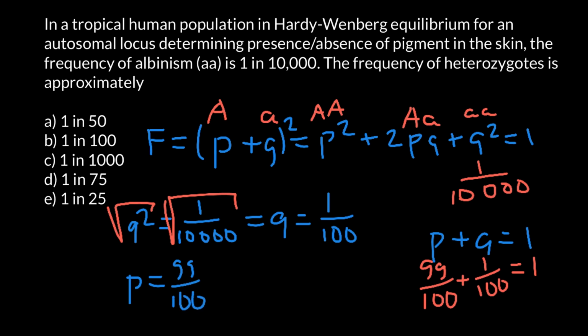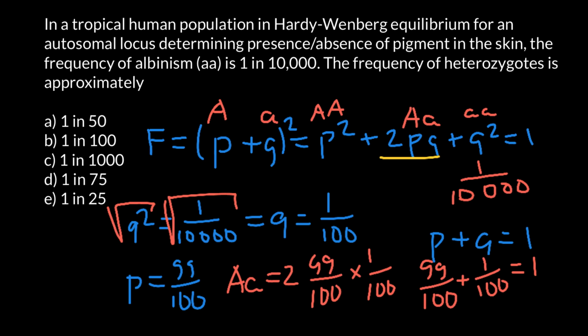In our formula, in order to find the frequency of the heterozygotes, we just have to put in the numbers and multiply. The frequency of the heterozygous genotype would equal 2 multiplied by the frequency of the P allele, or dominant allele A, which is 99 over 100, and multiplied by 1 over 100.